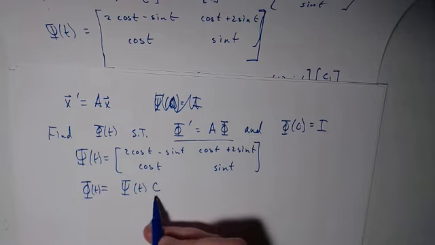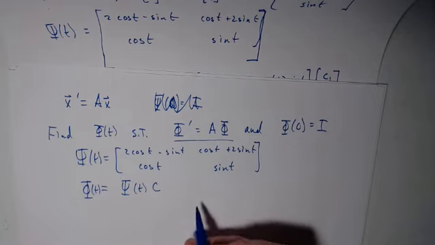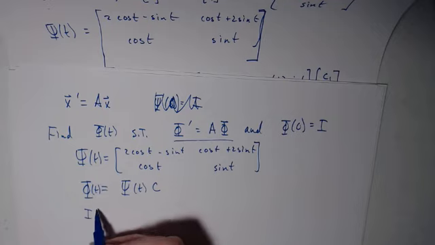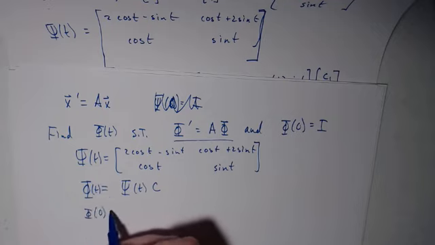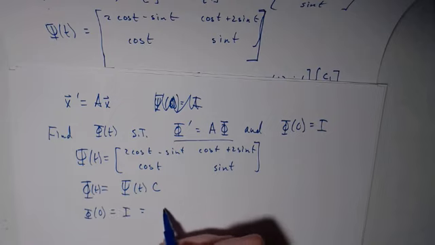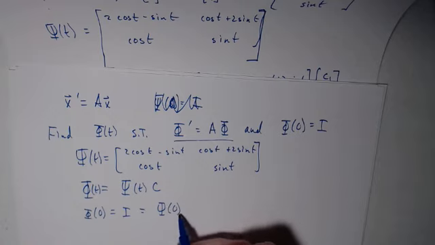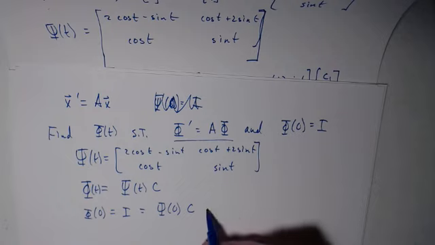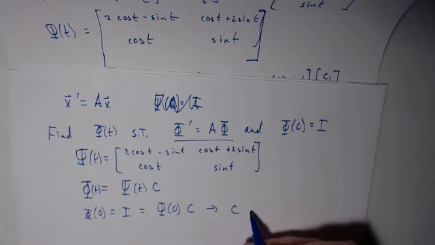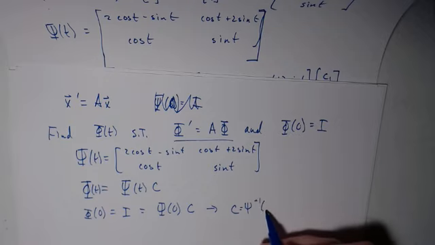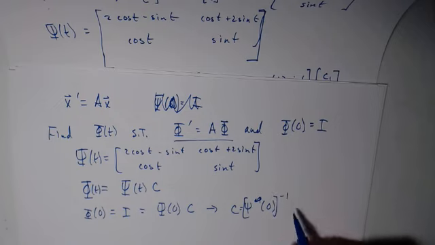What we want to know, though, is which constants we want, and we want the property that phi of 0 is the identity matrix, but that's going to be equal to psi of 0 times c. This means that c is psi of 0 inverse.